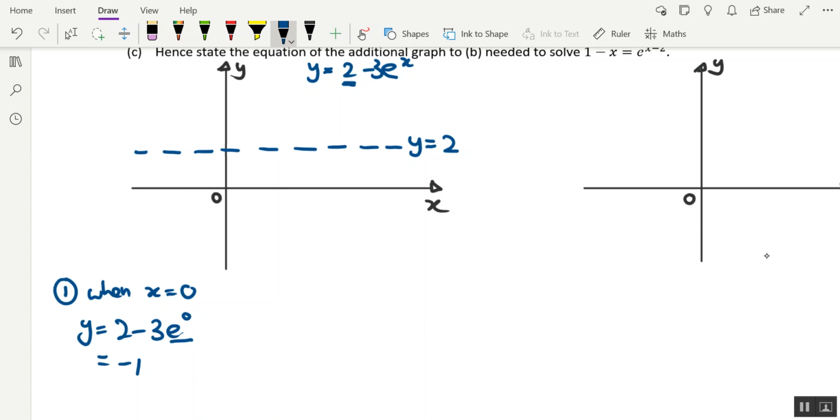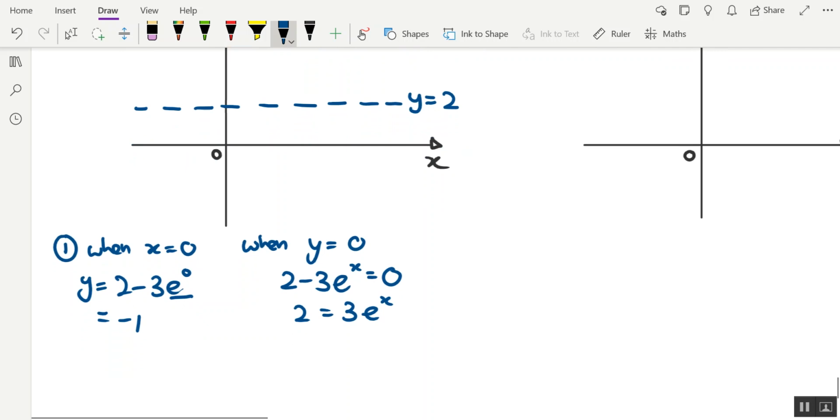Next I put in y equals 0: 2 minus 3e power x equals 0, so 2 equals 3e to the power x. You cannot ln at this moment. You have to bring the 3 over first. 2 over 3 equals e to the power of x. Ln both sides. Ln 2 over 3 equals x.